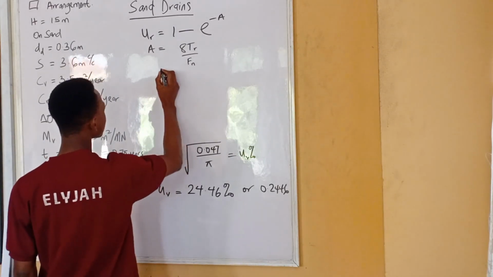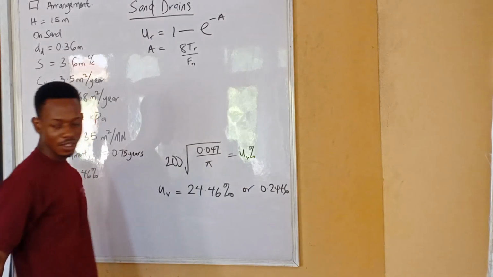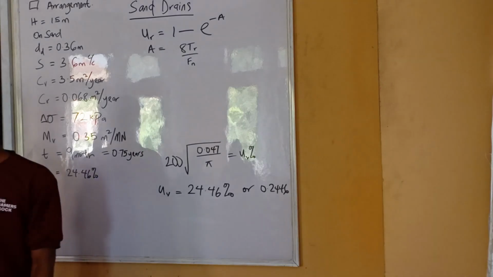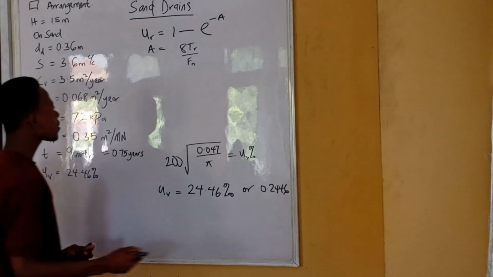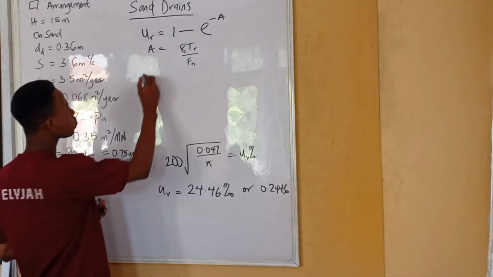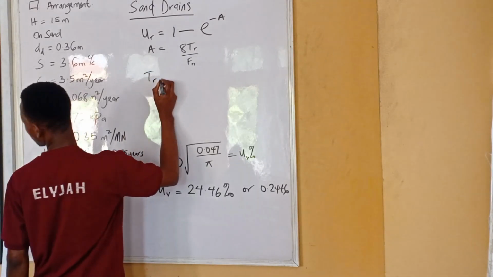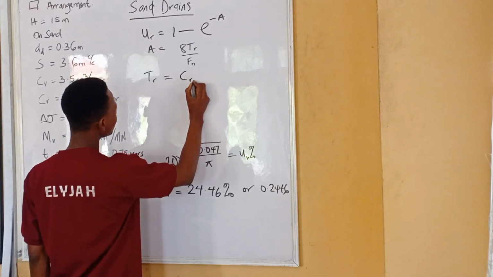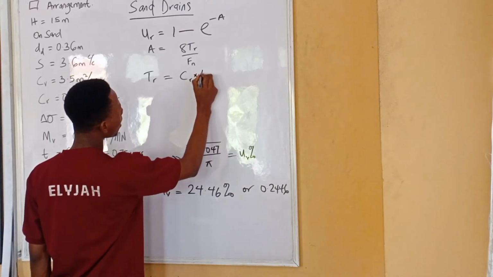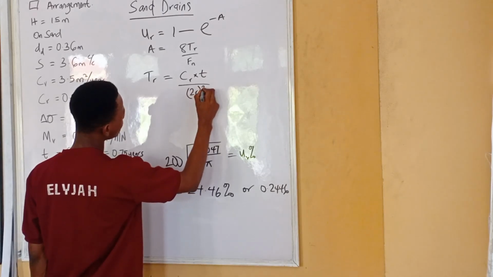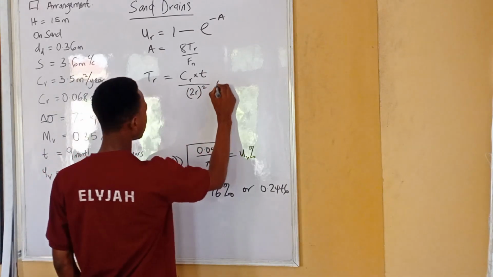And TR equals CR multiplied by T divided by 2R squared.